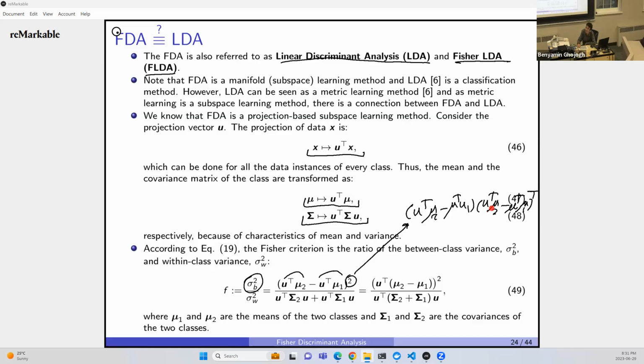However, this is a scalar, so the transpose goes away, and this times itself is squared. The within scatter, as I said, is the summation of the scatters of the classes. I factor out U transpose and U, and also factor out U transpose here, so it simplifies to equation 49.